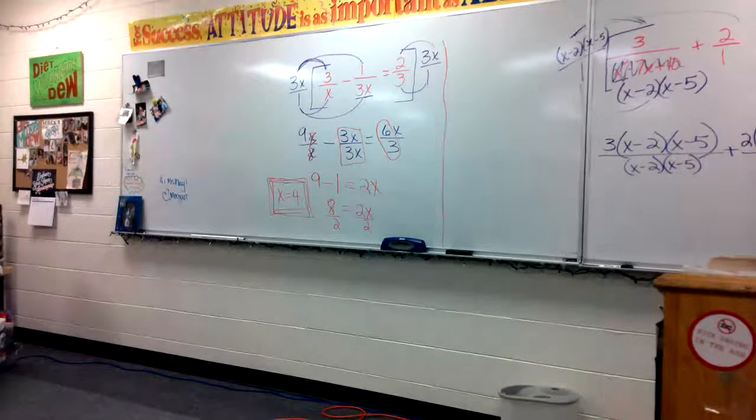Then on the other side, x take away 4, x take away 2, x take away 5, over x minus 5. Are we good so far?